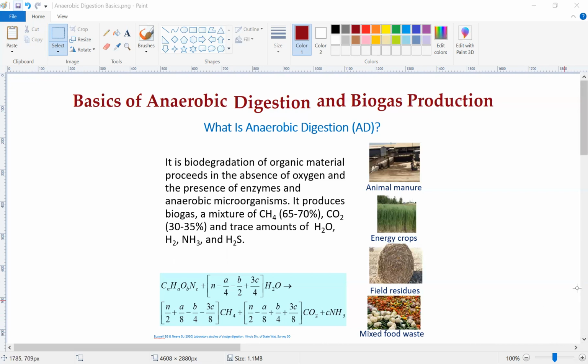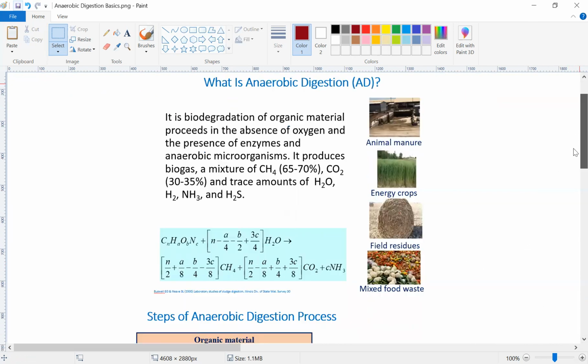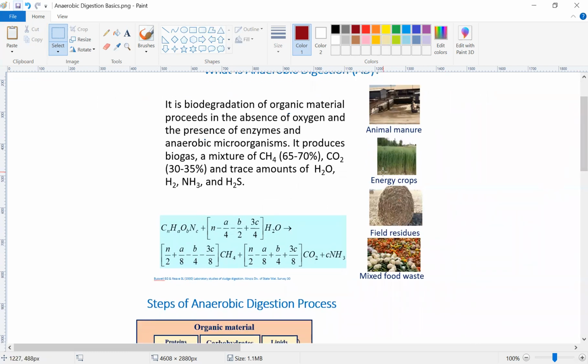But here, what we mean by organic matter: it can be animal manure or energy crops like switchgrass or maybe even algae or other energy crops.